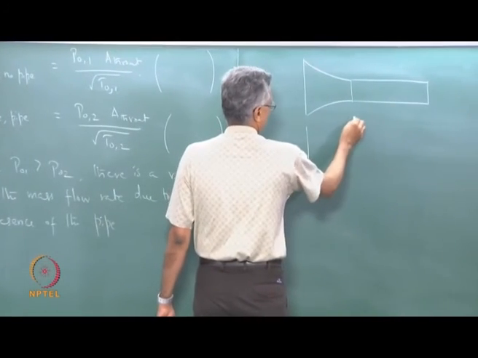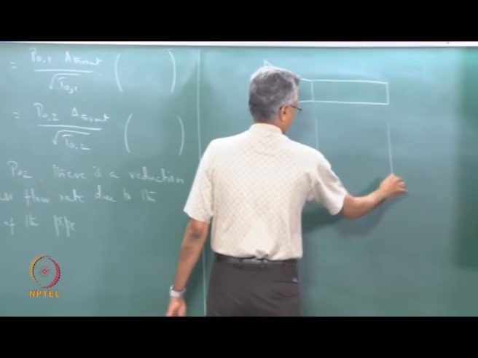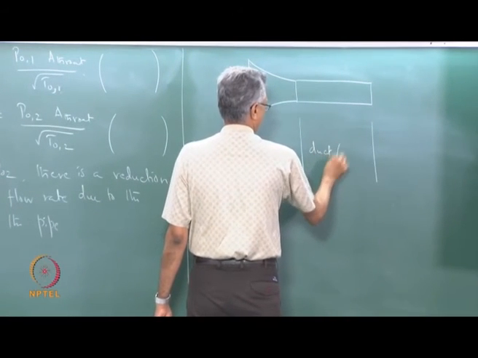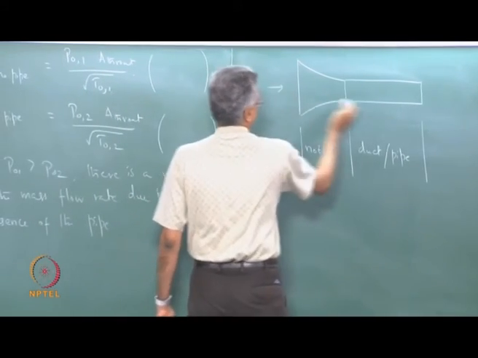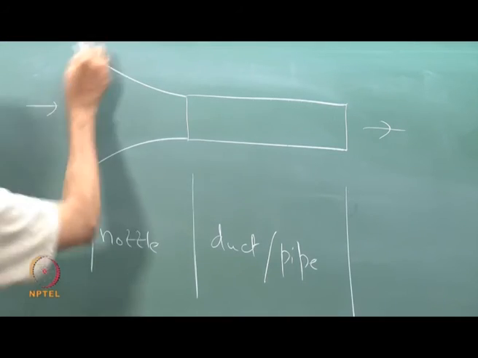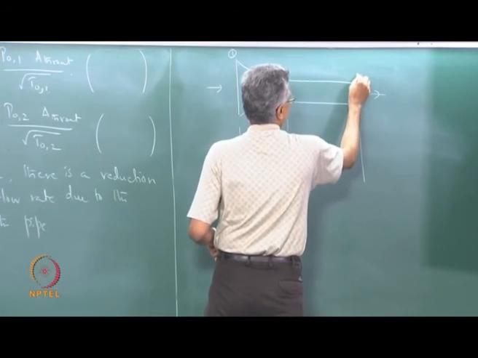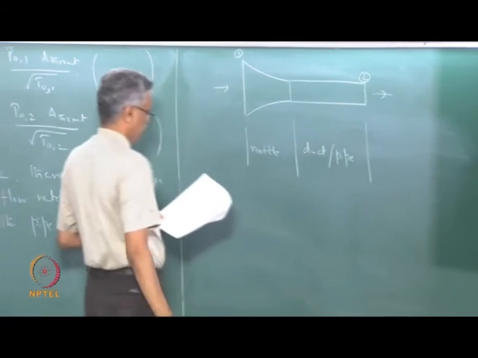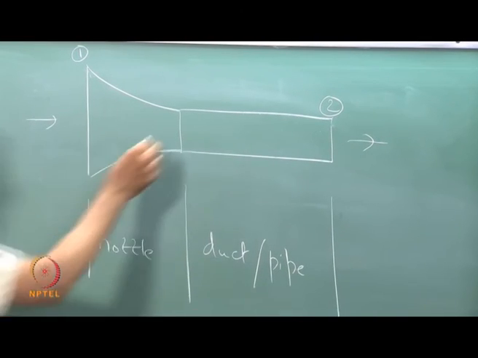So, this is the nozzle and so I am going to call this section 1 and this I am going to call as section 2. And this of course is the throat section.